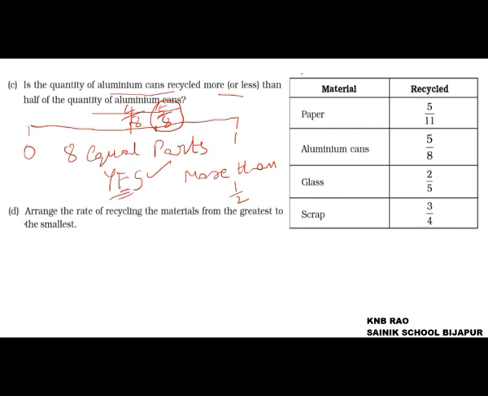Now coming to question D: arrange the rate of recycling of the materials from the greatest to the smallest. Greatest to smallest will certainly help us while writing, because this decimal form helps us in comparing quickly.